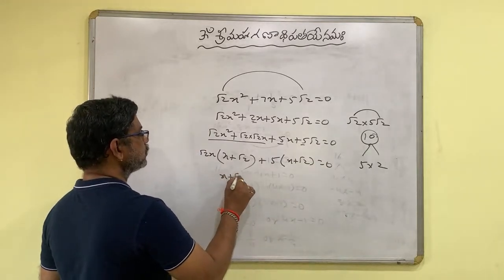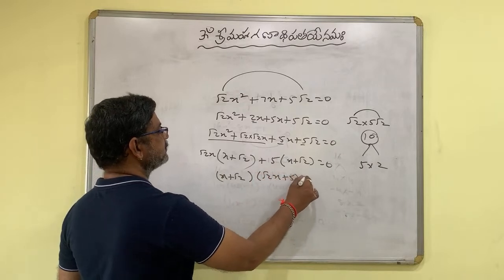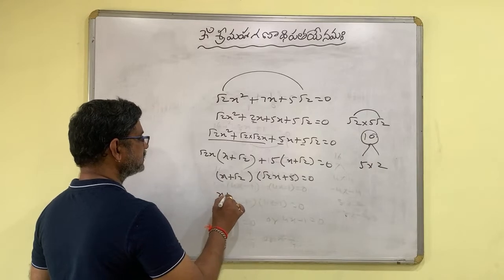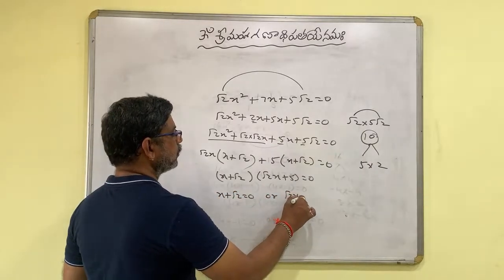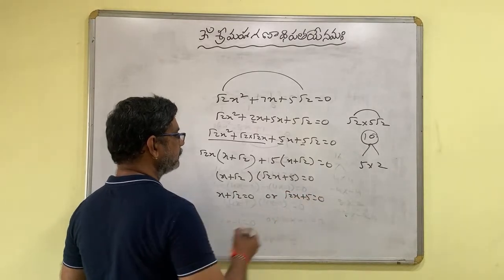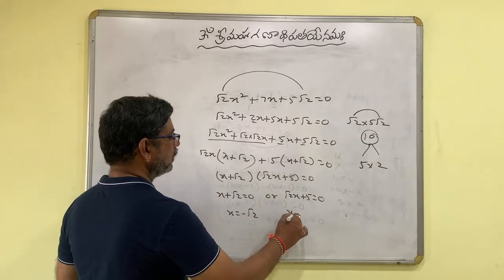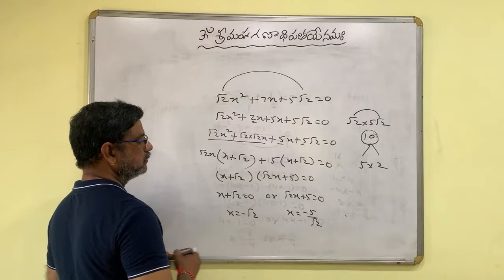So again x plus √2 is common: (x plus √2)(√2x plus 5) is equal to 0. That means either x plus √2 is 0 or √2x plus 5 is 0. x is negative √2 or x is negative 5 by √2.